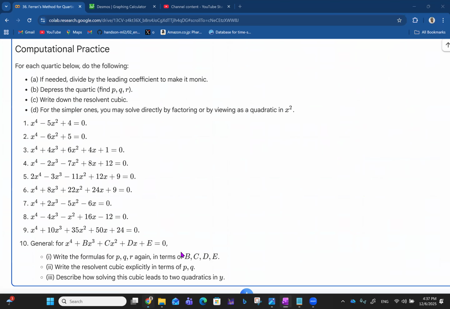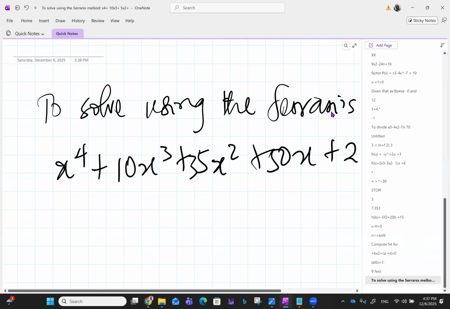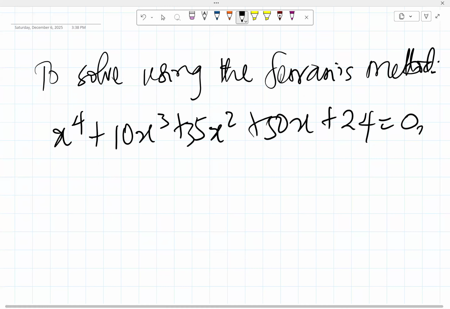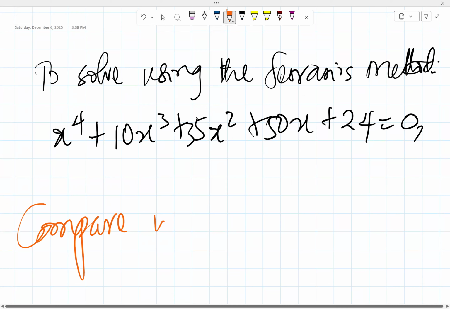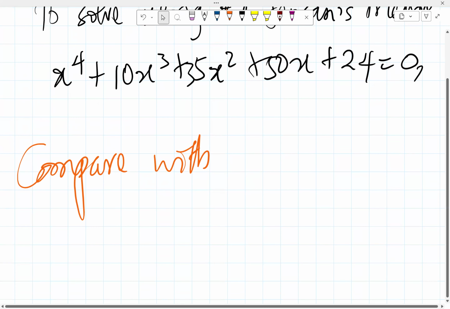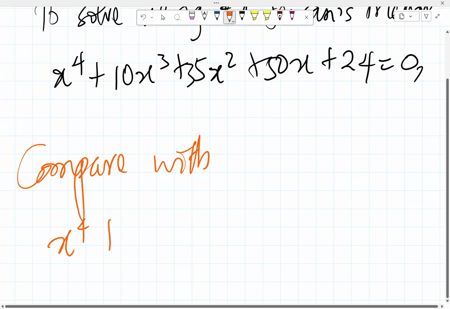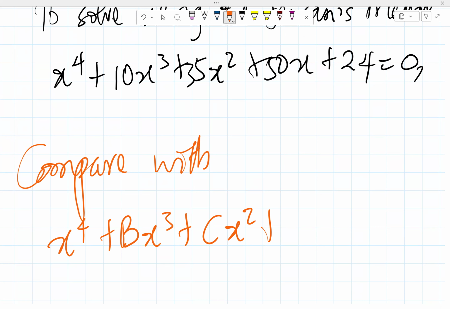The first thing we need to do is write the formulas for p, q, r. One thing we know already is that we can compare with the standard form, which is x to the power 4 plus big B x cubed plus big C x squared plus big D x plus E equals 0.